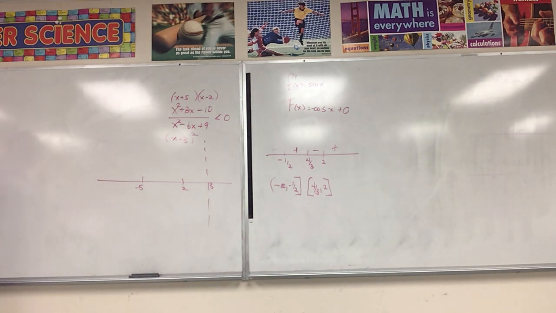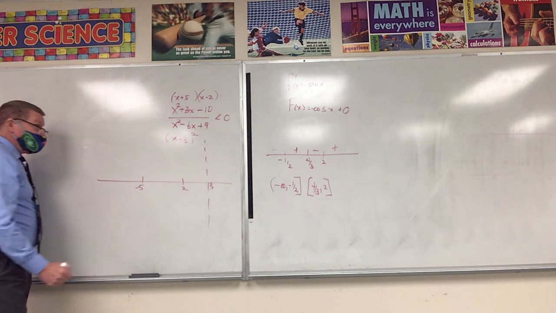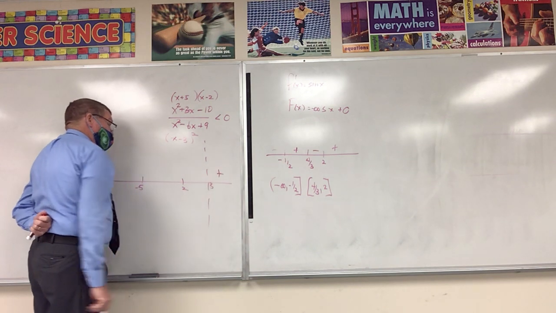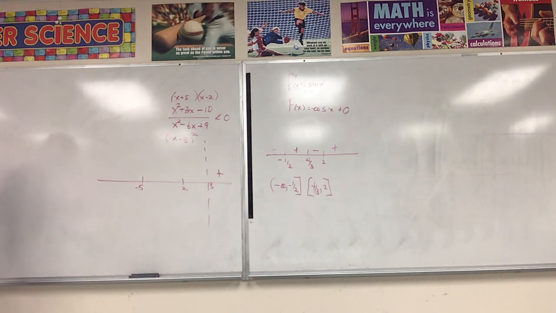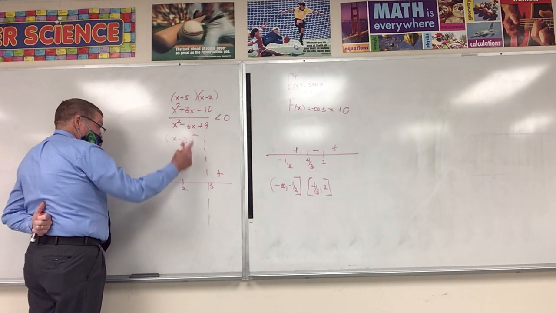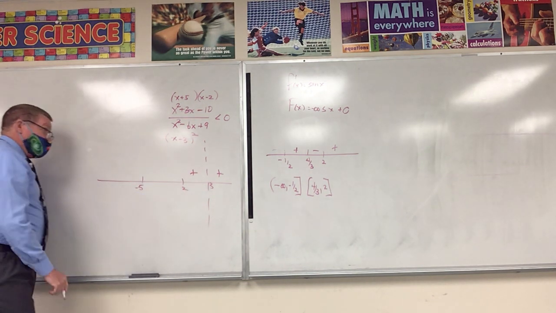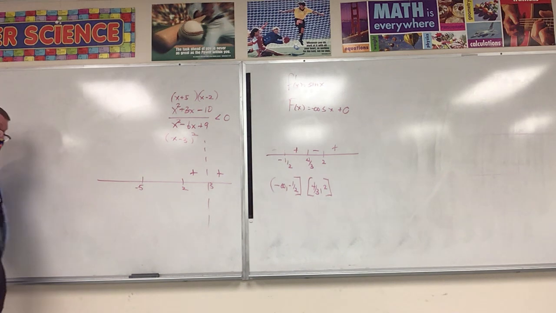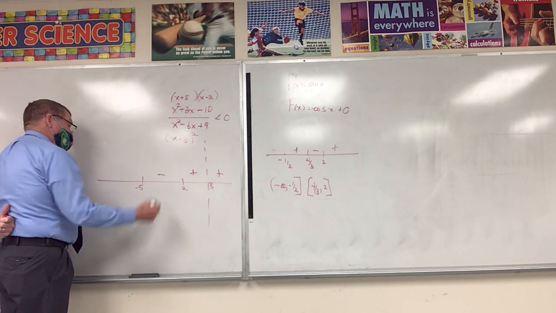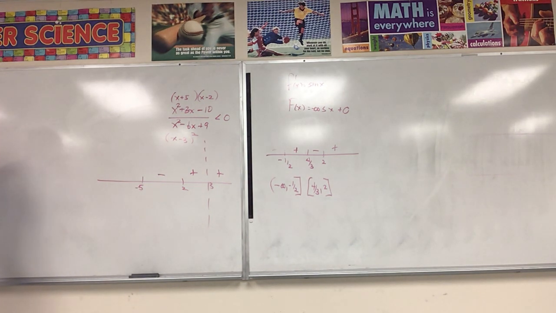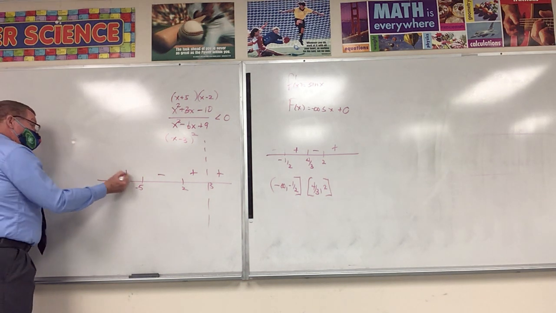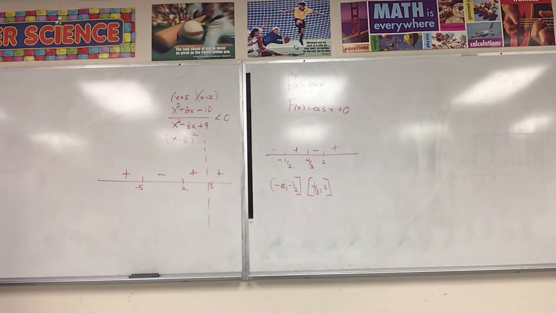If I pick a number greater than 3, what do I get? Positive. What's going to happen at 3? Will I stay the same or flip? Stay the same because my multiplicity is even. What's going to happen at 2? Crossing. At negative 5? Crossing. So there's my sign chart.